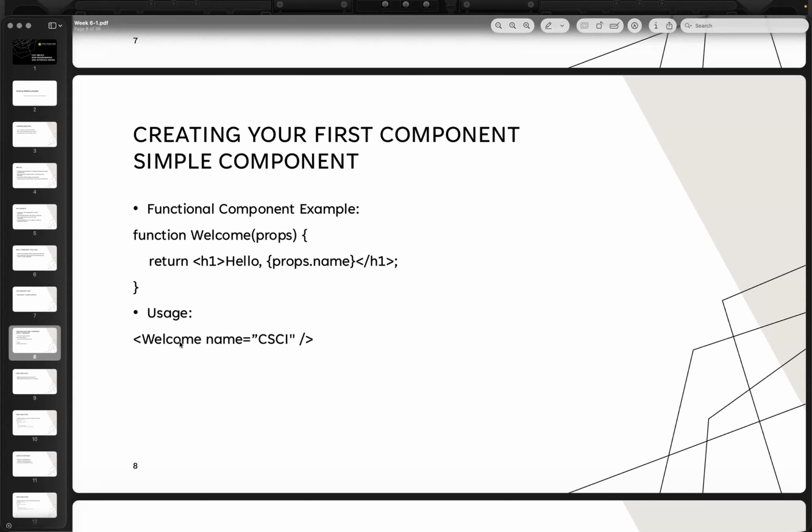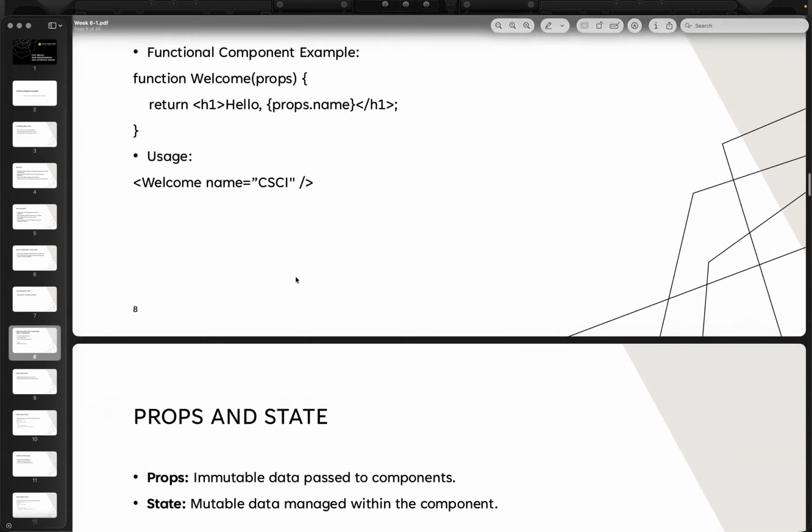Let's say we are passing a Welcome component and giving a name right here. Then props.name, the name is referred to right here. So you need to match it, and then you can pass some data through props. Here's the functional component we can do.